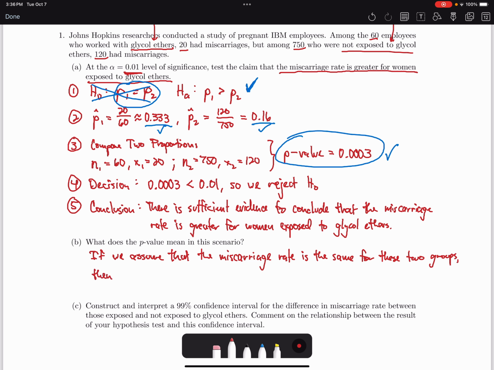then there is a 0.0003 probability of obtaining two sample proportions as different as the ones that we obtained.